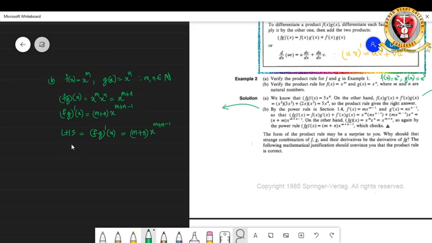So what is the RHS? RHS of the product rule is f of x into g dash of x plus f dash of x into g of x. So you have to find f dash of x here. What is f dash of x? f dash of x will be m into x raised to m minus 1.